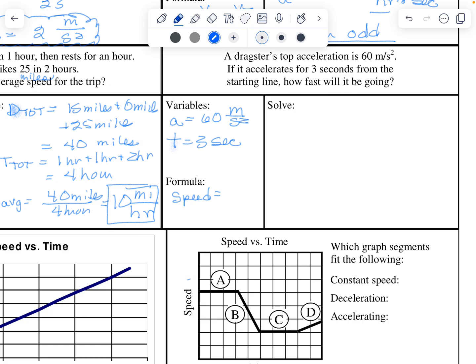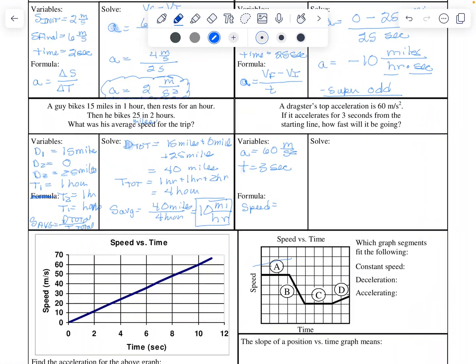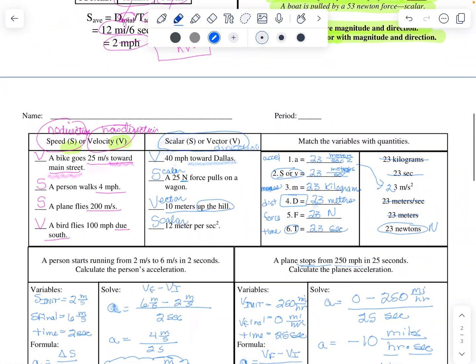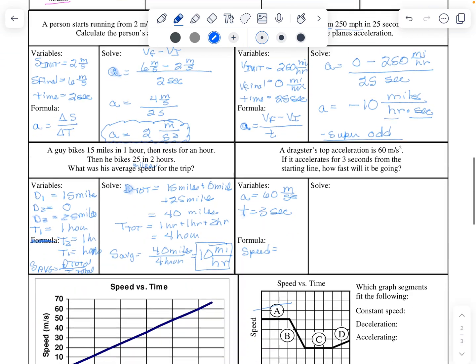I'm going to write down a triangle for you. So acceleration equals the change in speed over time. If I'm solving for speed, it'll equal acceleration times time.